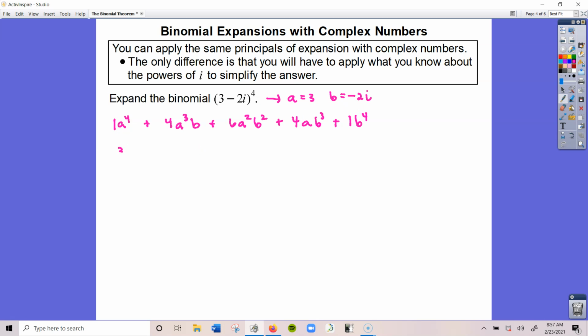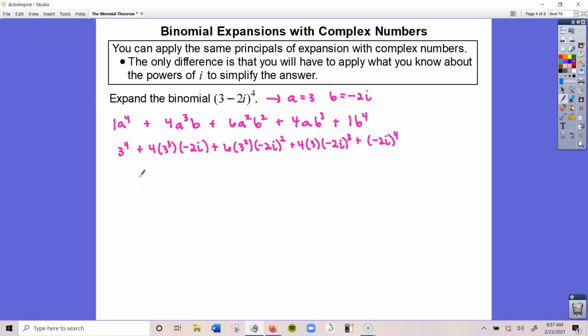So this is 3 to the fourth plus 4 times 3 to the third times negative 2i plus 6 times 3 squared times negative 2i squared plus 4 times 3 times negative 2i to the third plus negative 2i to the fourth.